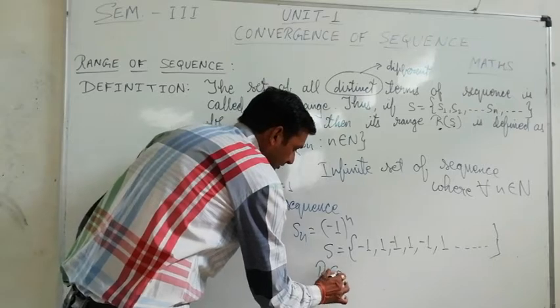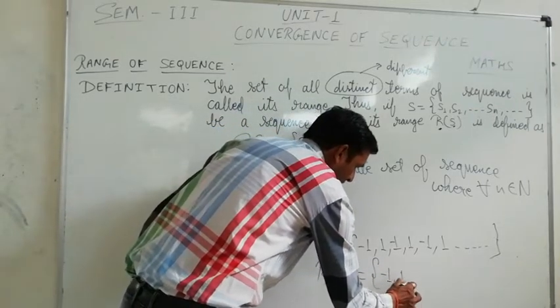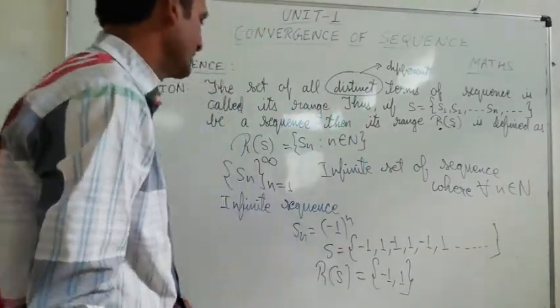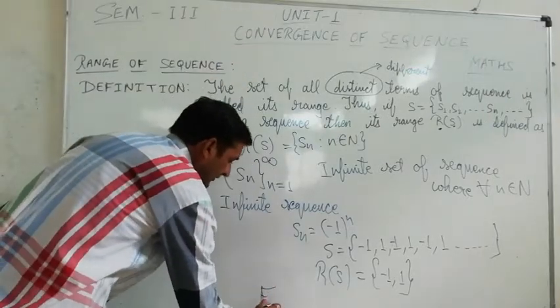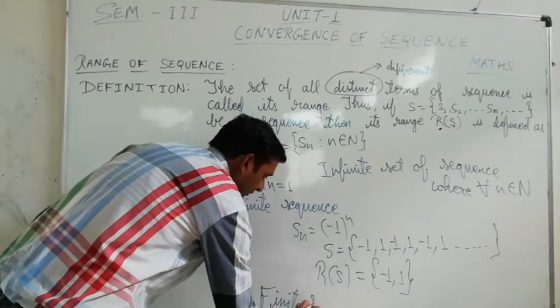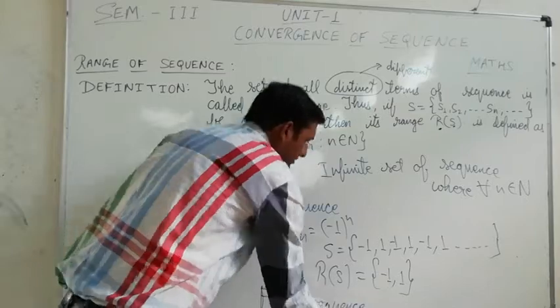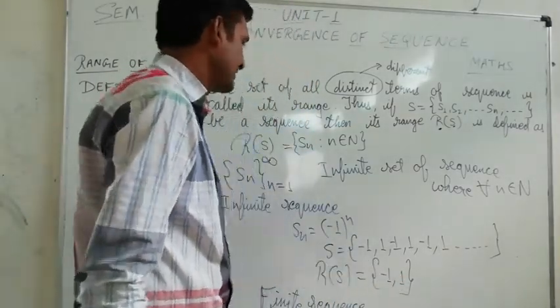R(S) is either -1 or 1. This is the range of this particular sequence. This type of sequence is known as a finite sequence, because its range is {-1, 1}. That's why it is a finite sequence.